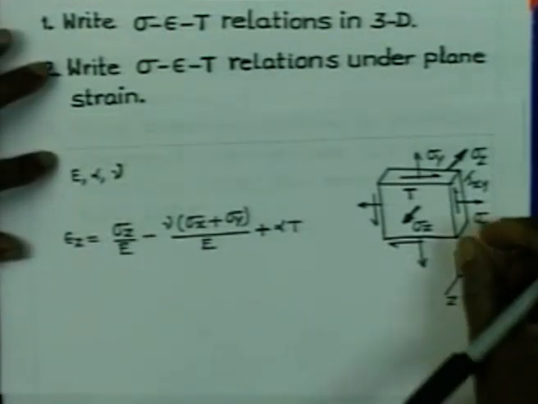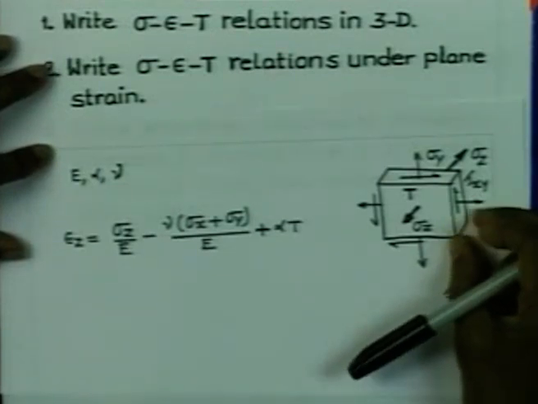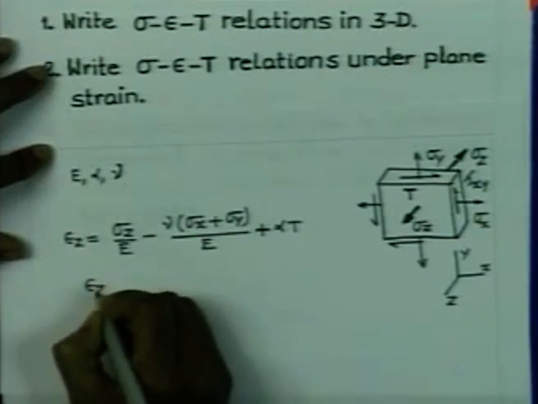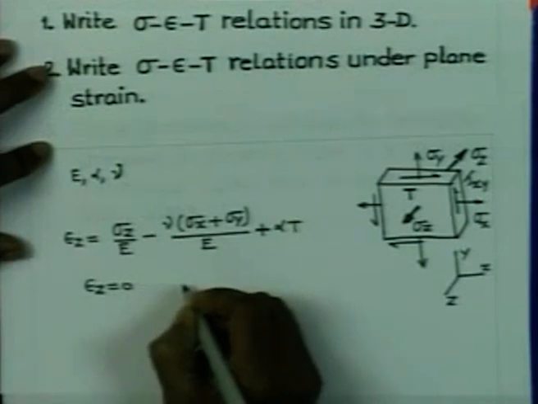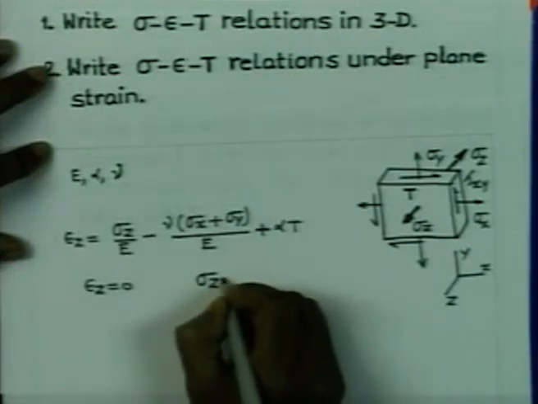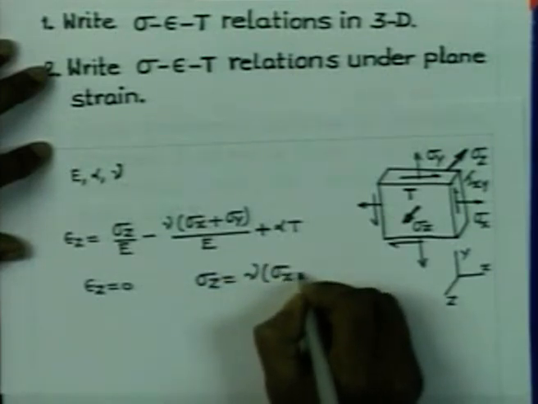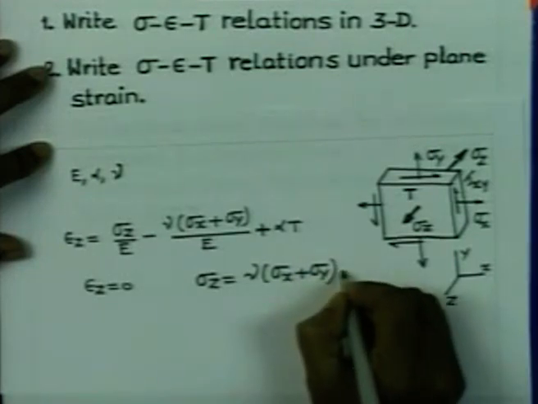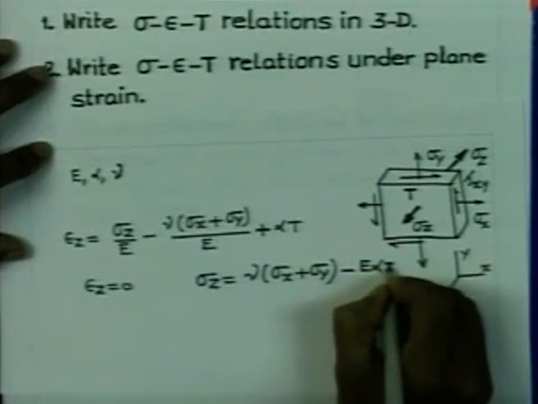Now, since we are considering plane strain condition, there is no expansion in the z direction. So, epsilon z equals 0 for plane strain. Therefore, you find that sigma z is equal to nu times sigma x plus sigma y minus E alpha t.